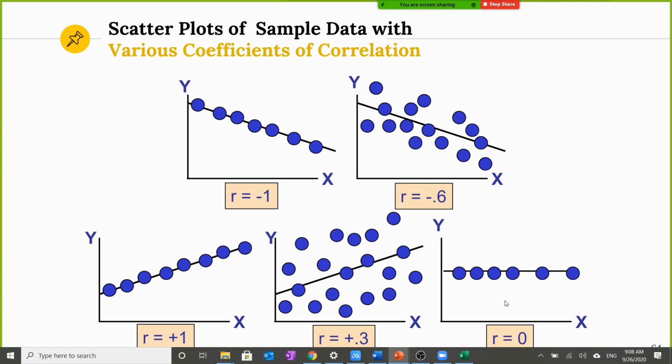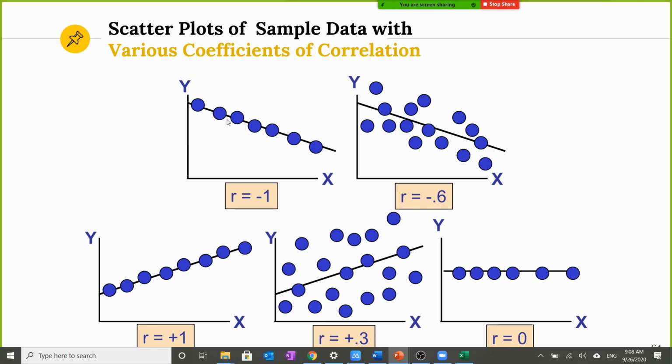If we have r = -1, the shape will be like this. The relationship is the opposite. If we have a high y in this case, then the x will be lower, and otherwise, if we have a high x number, the y will be lower. So it is negative correlation.